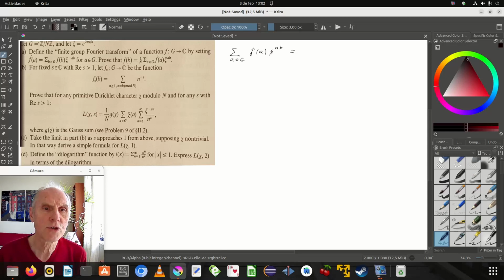And then we substitute the definition of the Fourier transform. And it's a finite sum.